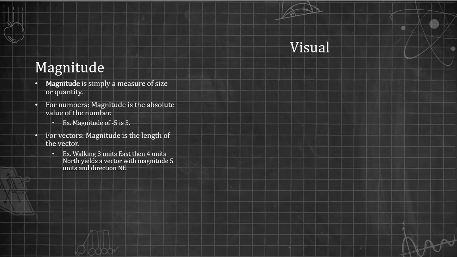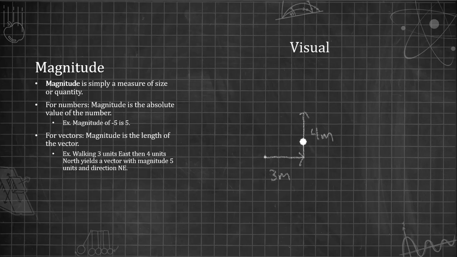If we have a series of vectors, someone starts off at some origin. They walk 3 meters east, and then 4 meters north. We could show this with 2 arrows: here is the 3 meters east, and then 4 meters in the northward direction.